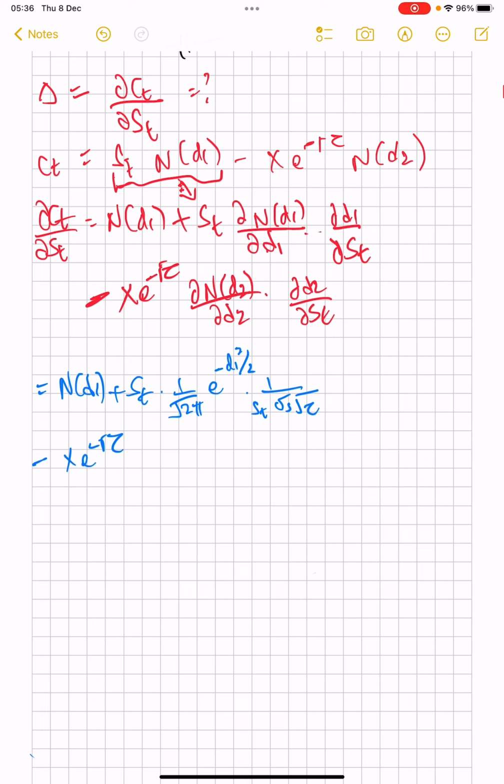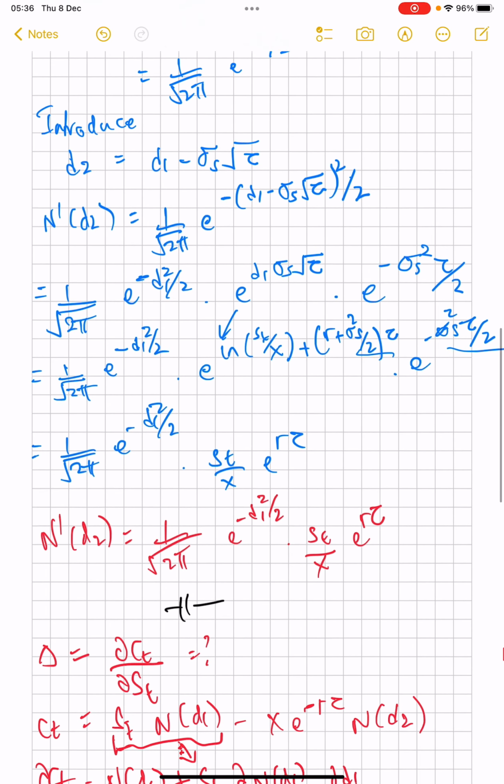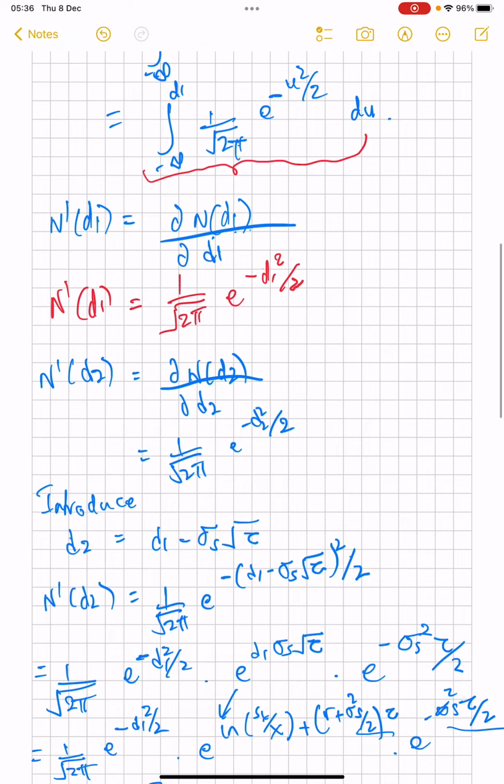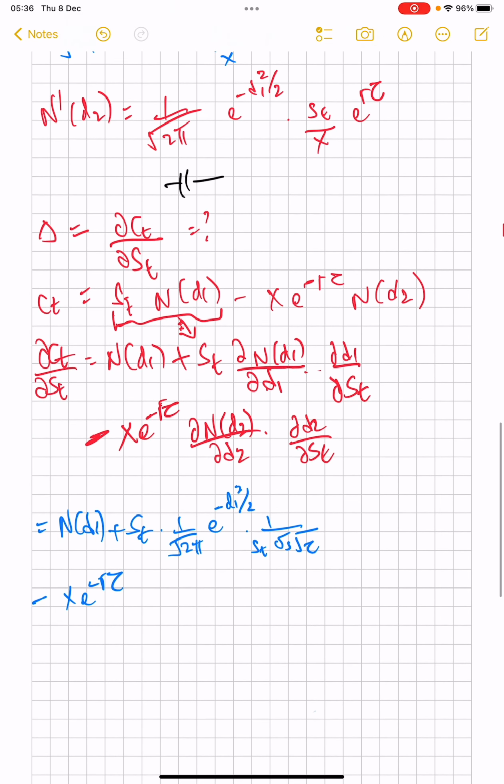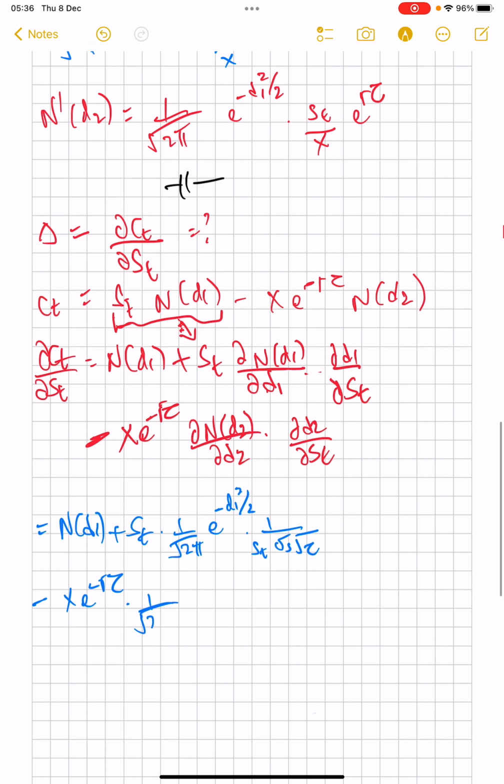Okay. The derivative of N(d2) over d2, you get it here, 1 upon root 2 pi, and this is the same as the partial derivative of d1 over d2.